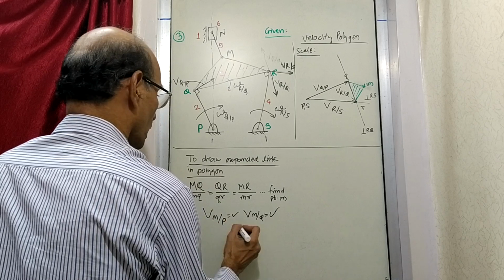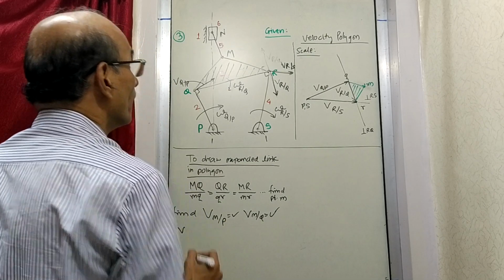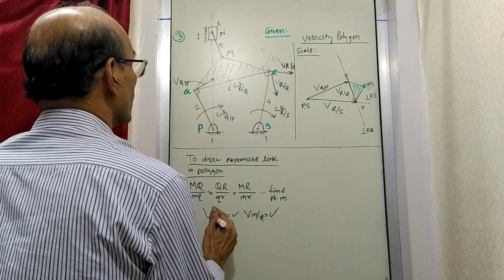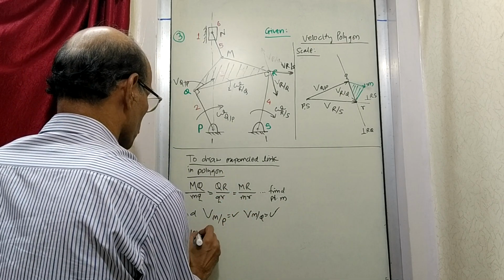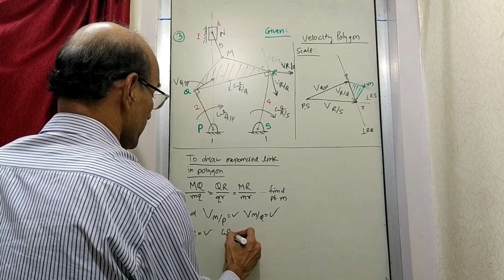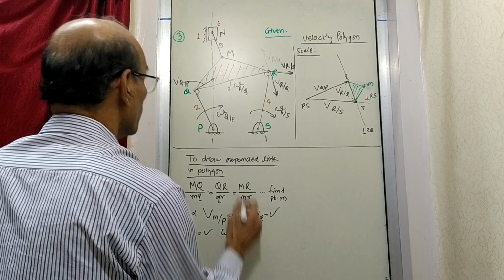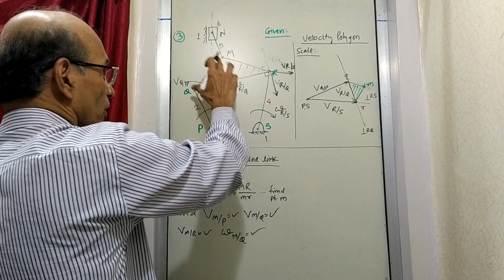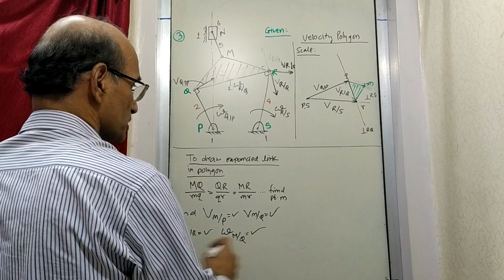Velocity of M with respect to R is also known. And then the angular velocity of maybe M with respect to Q, that also you will be able to find out, because the velocity is known, length is known. So all such things you can find out.